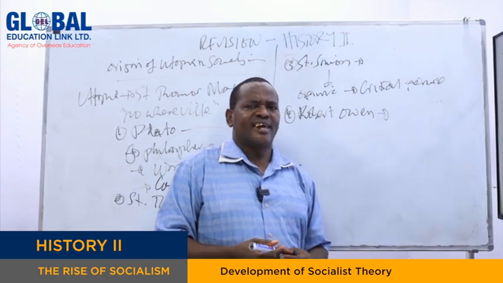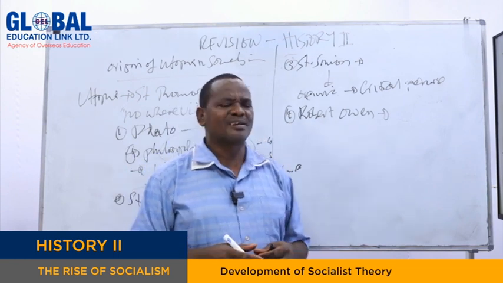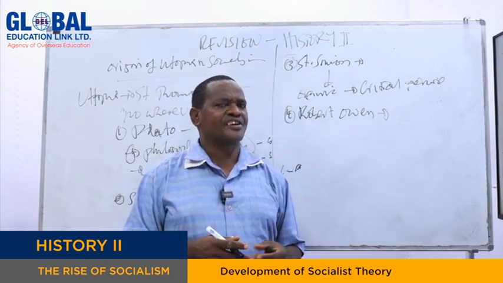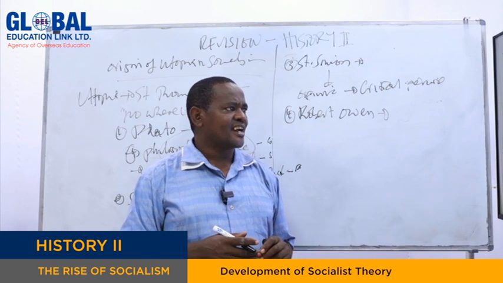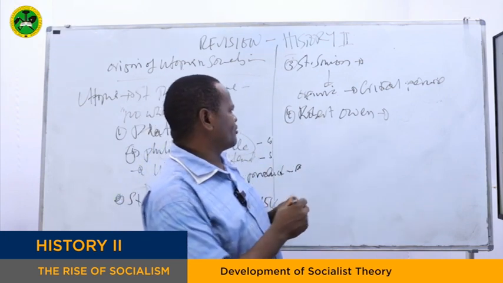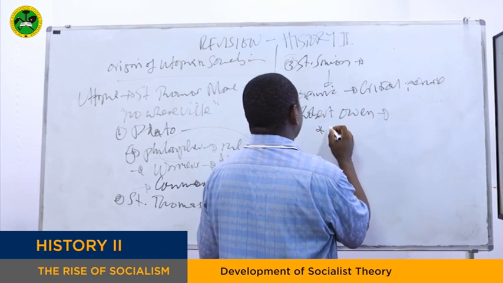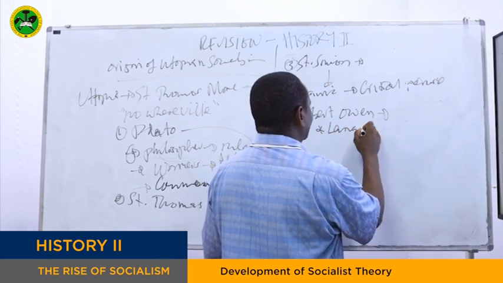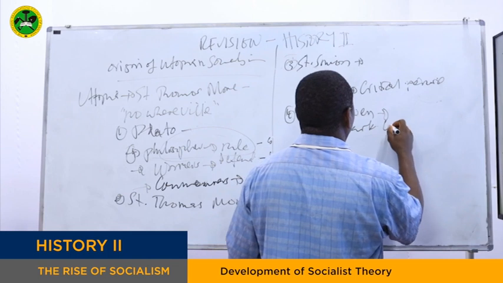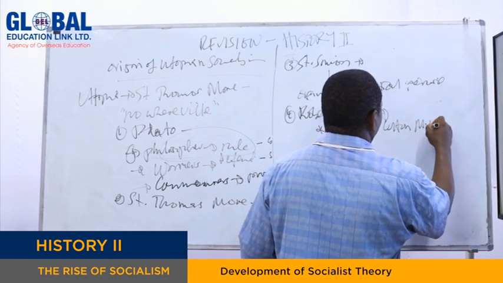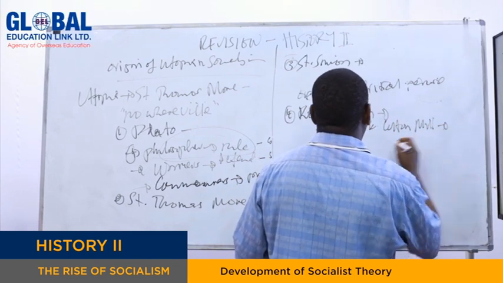He was a self-made cotton manufacturer. He was one of the richest people in Britain in those days, and he bought a very large industry called Lanark Cotton Mills, in Scotland.